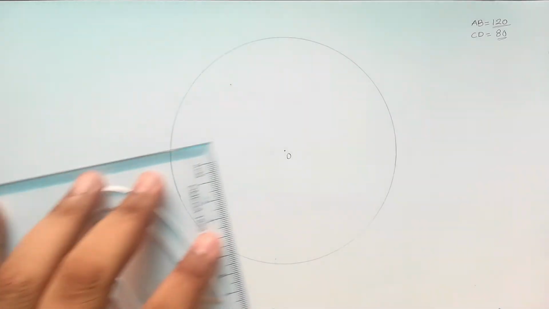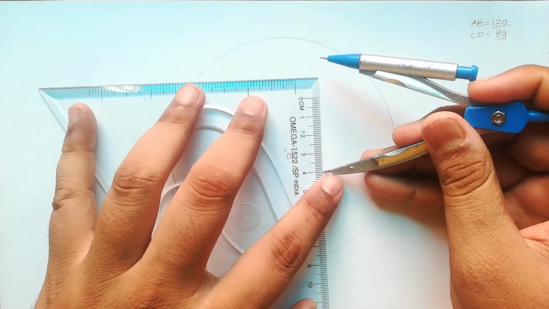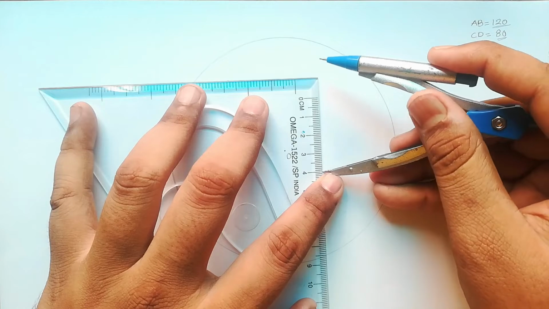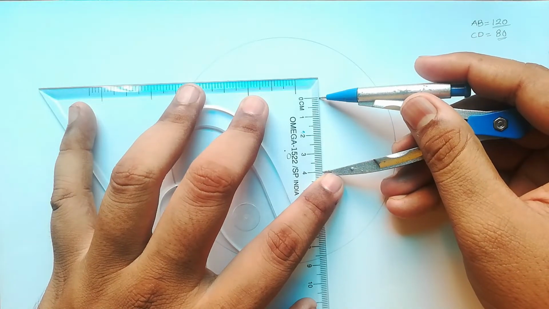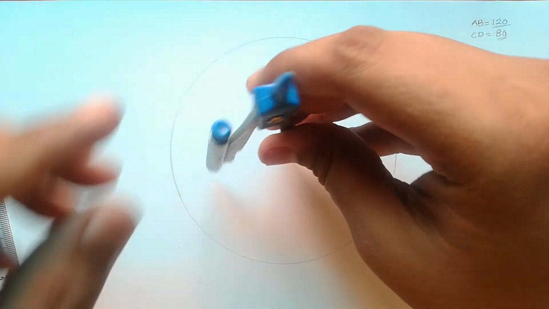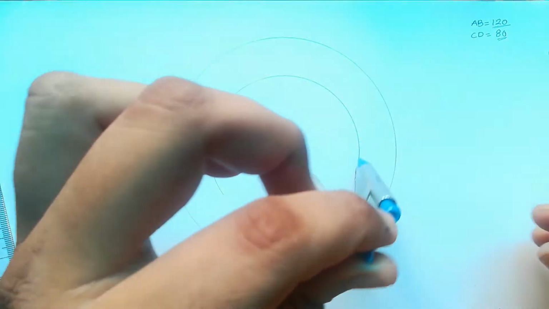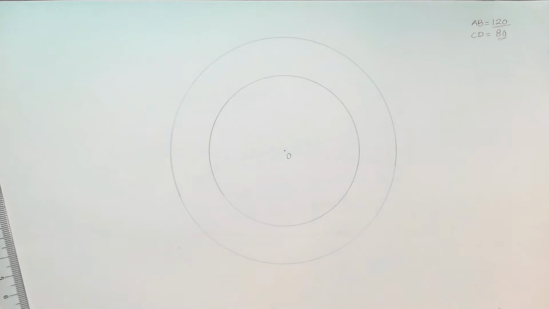And I will draw the second circle having a radius of 40 mm, so the diameter of the circle will be 80 mm. This is my 40 mm, and from the same center I will draw that circle. This circle will represent my minor axis.